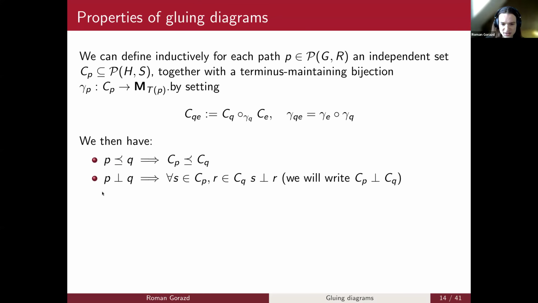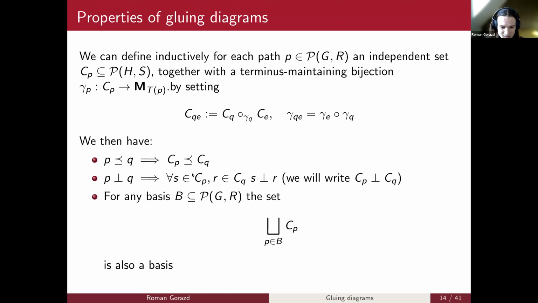If they are independent, the sets are also independent. And I think, well, the converse holds, except for the special case where the sets are empty, which can happen. It's not a very interesting gluing diagram then, but it can happen. Although it might be interesting.